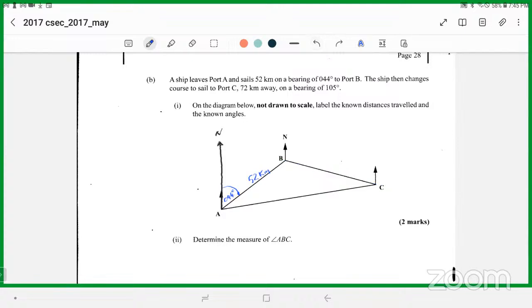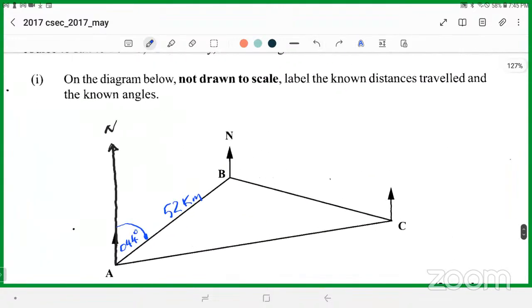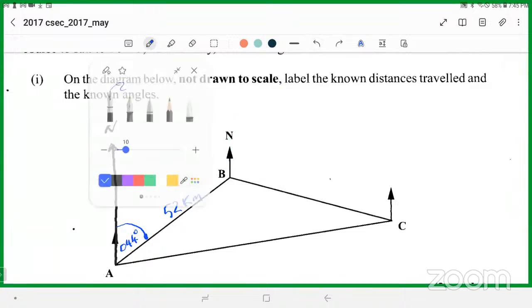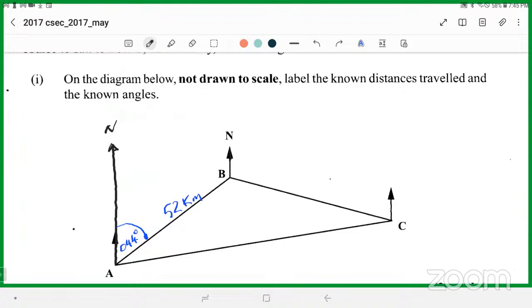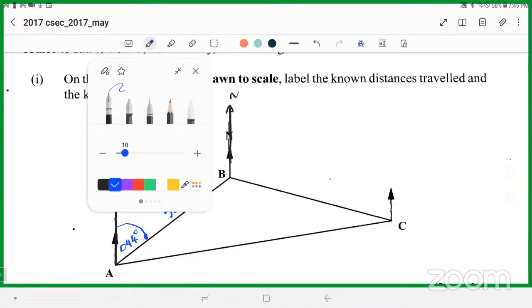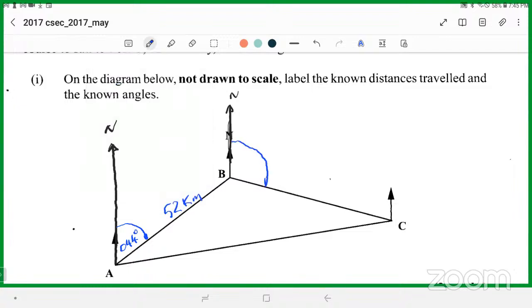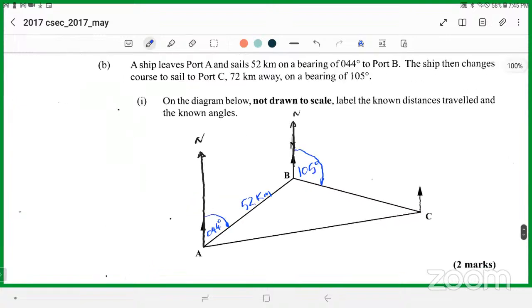Again, it's clockwise from this north line, so this is the angle they're talking about. Let's extend this line again. That's my north line, and I want a clockwise angle here now. This angle is 105 degrees. Let's put it in there, and the distance is 72.